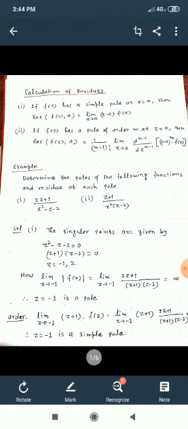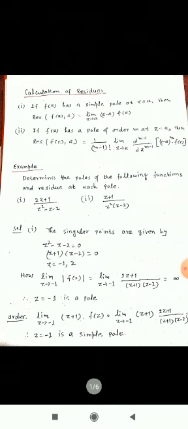Now we check the order of the pole. So how can we check the order of a pole? If n is the least positive integer such that the limit as z tends to a of (z - a)^n f(z) is equal to A, and A does not equal infinity, then z = a is called a pole of order n.